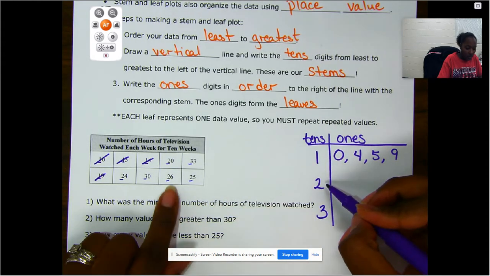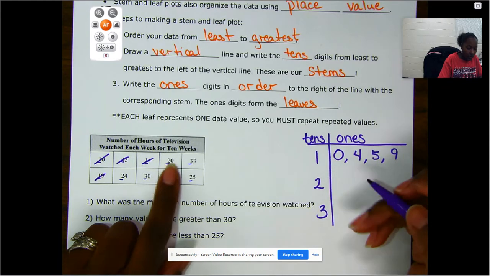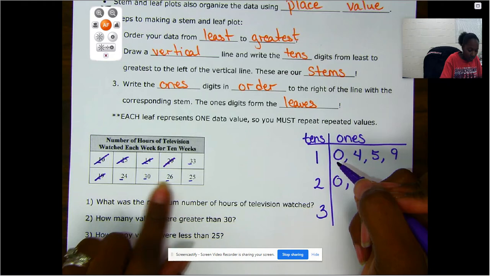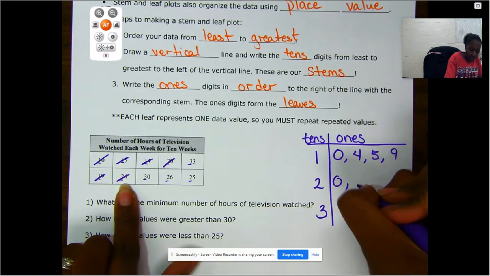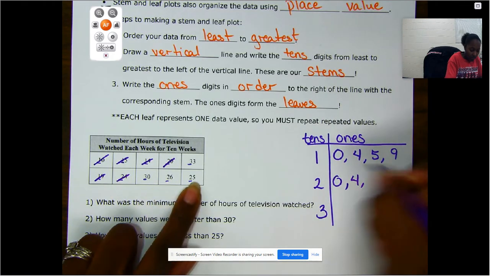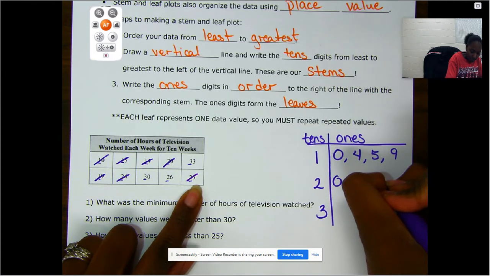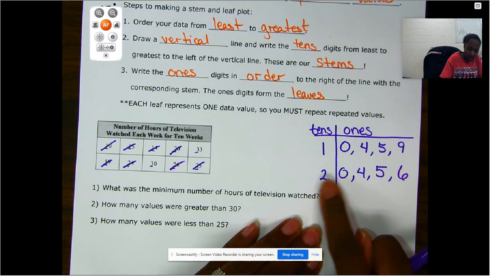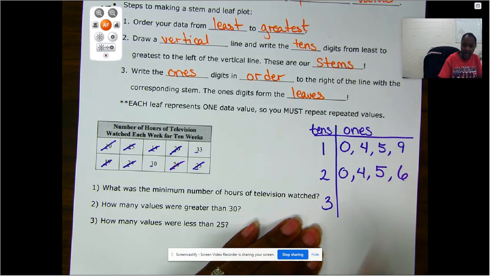Now, what do we have for the ones that have 2 in front of it? So here goes a 20. Looks like 24. Yep, 24 is next. Then we have 25. Then looks like the last one is a 26. Okay, so 20, 24, 25, 26.